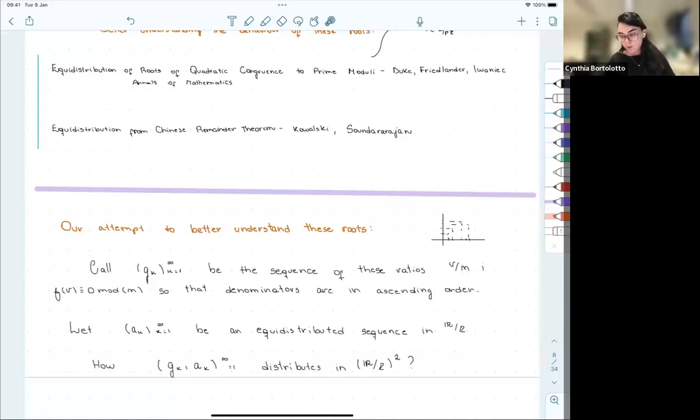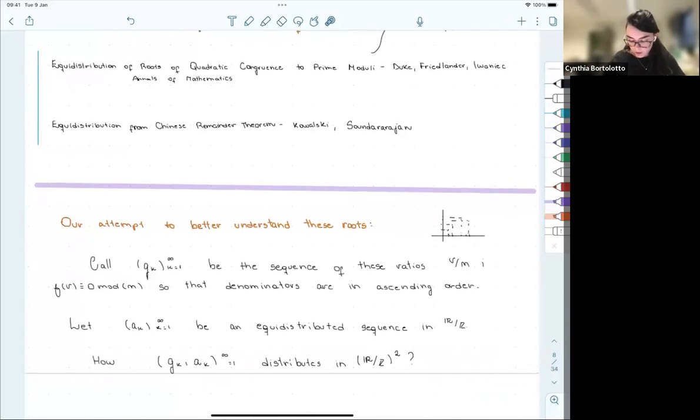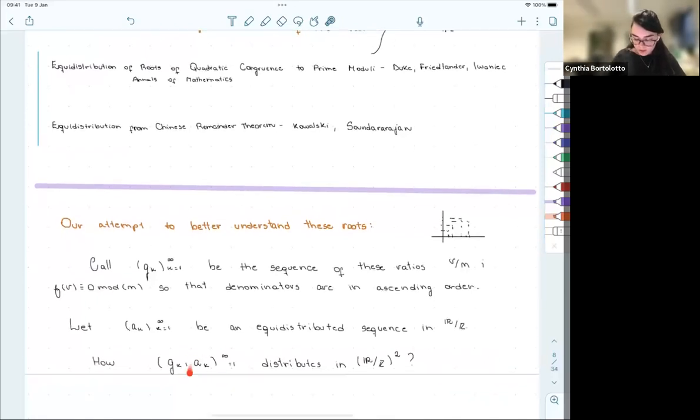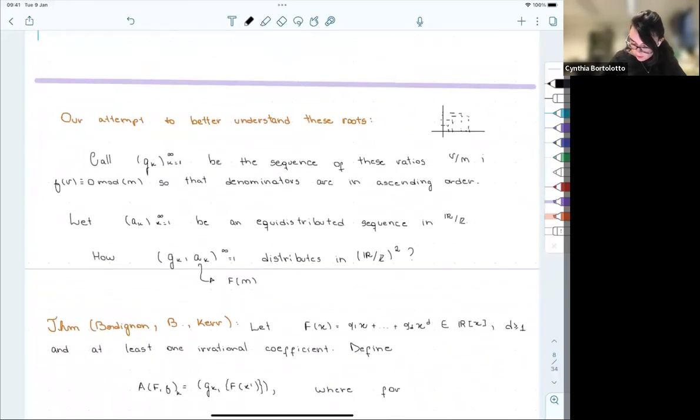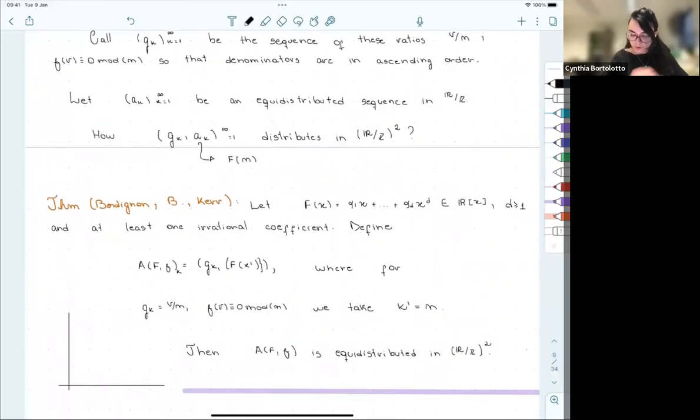So our goal was actually to take this sequence as polynomials evaluated at n and see what happens. That's what we proved. Let me make it more clear.